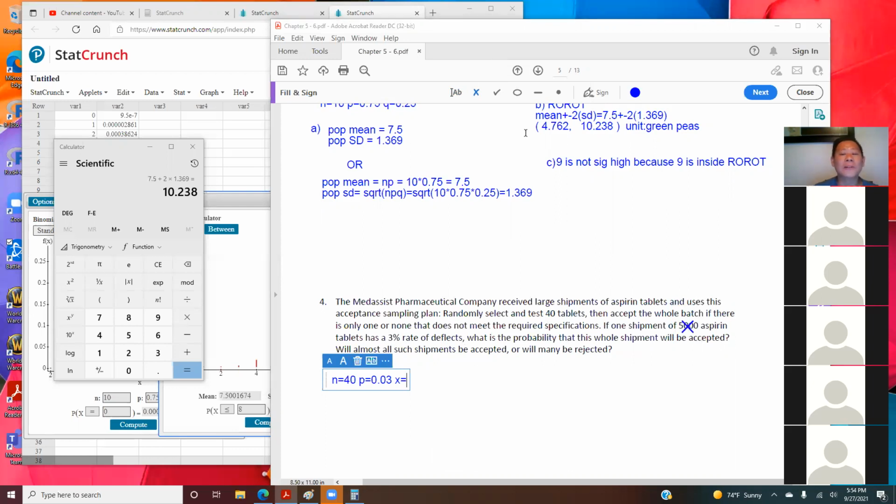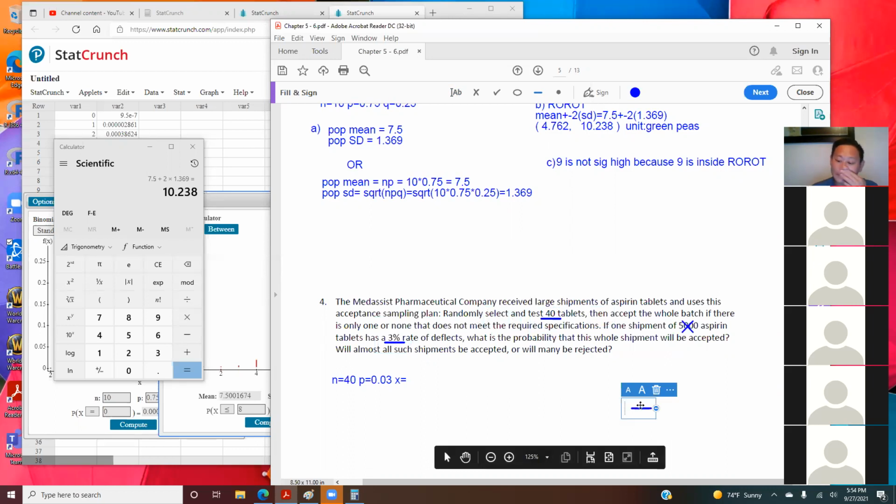And what is your X in this case? This is where a lot of students cannot find X. So in order for you to accept this batch, how many out of these 40 tablets is acceptable?